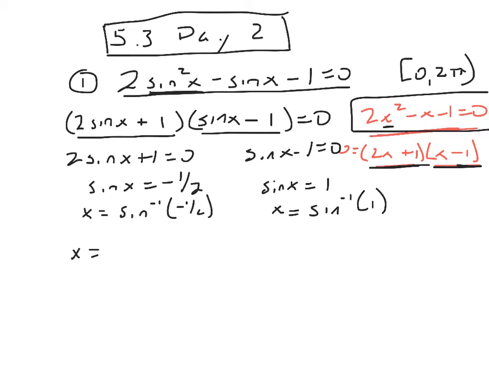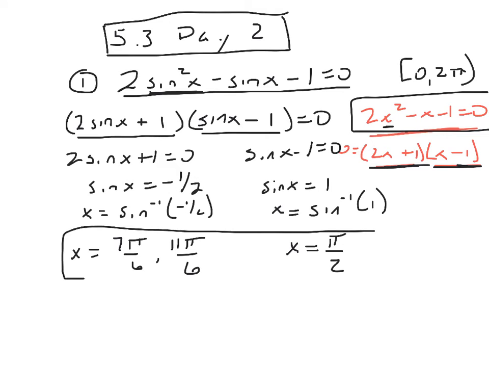And sine's going to equal negative 1/2 at 7 pi over 6 and at 11 pi over 6. And then over here you say, where does sine equal 1? And that is only going to happen at pi over 2. So those are your answers for this equation. So now we're just going to be doing more factoring stuff in order to solve. So let's try one more.